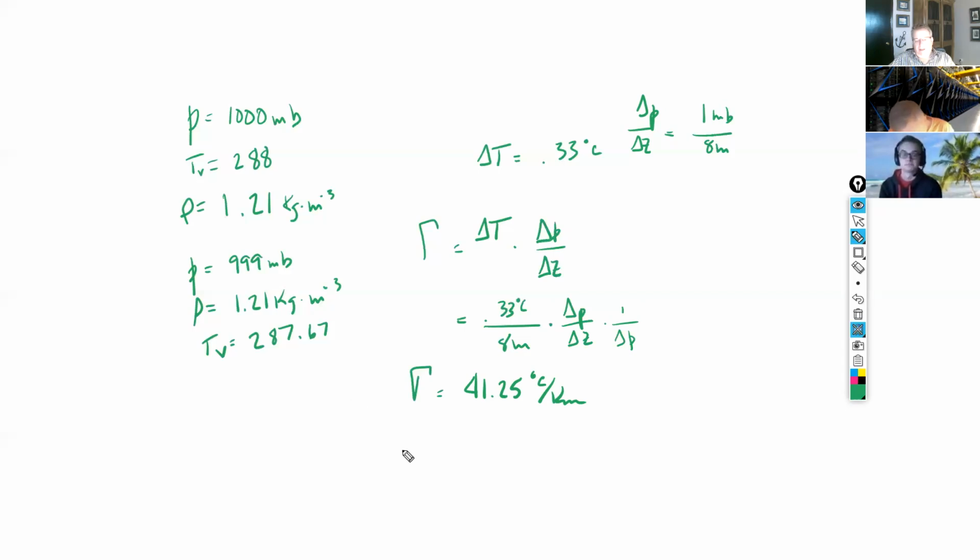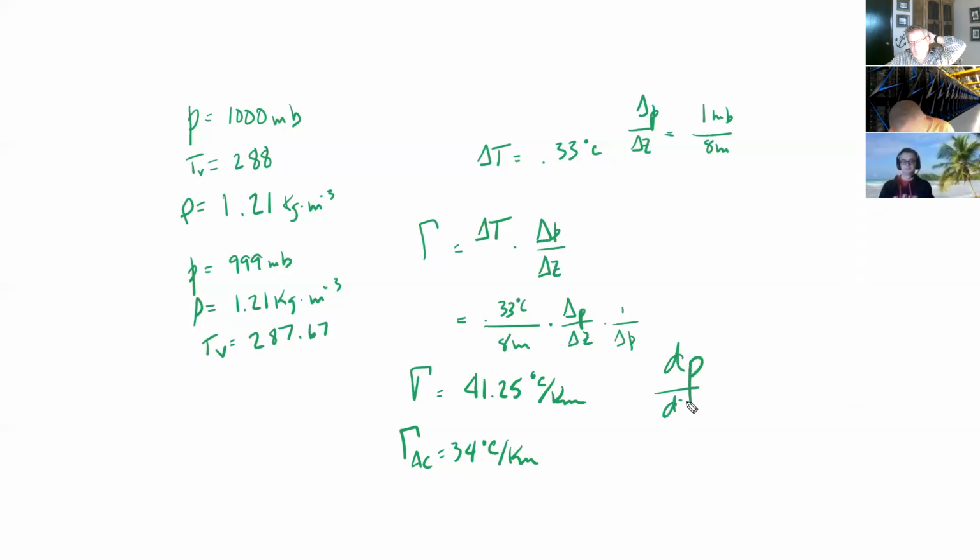Okay, now the autoconvective lapse rate is supposed to be 34 degrees Celsius per kilometer, which says that the atmosphere will overturn, which means this, right? How does density change with height? It's greater than 0. So what would make this a value of 34?